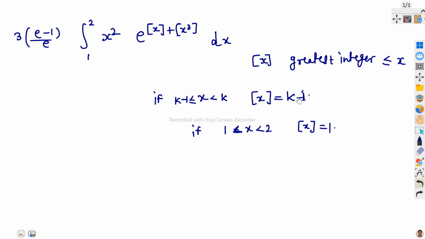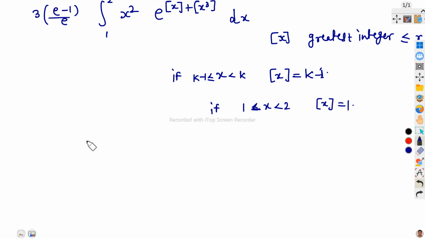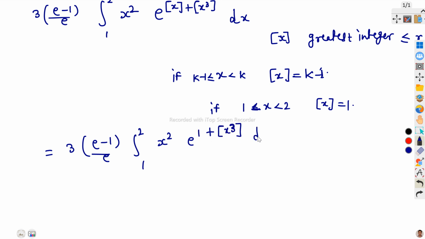So we can write this integral in another way as the integral from 1 to 2 of x² e^(1 + [x³]) dx.